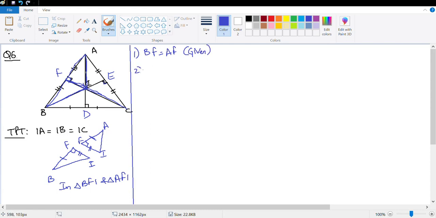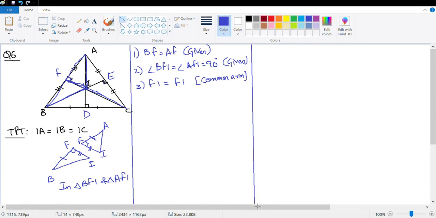Number 2, angle BFI is equal to angle AFI is equal to 90 degrees. This is also given. Next, FI is equal to FI. Why? Common arm. Notice that we need to definitely write the reason for why we are taking this to be equal.